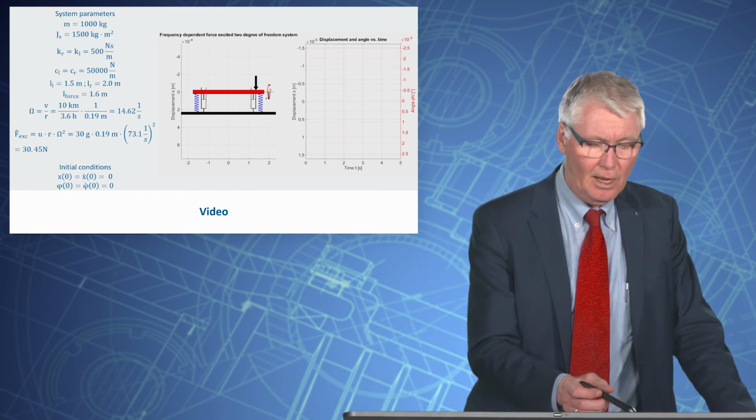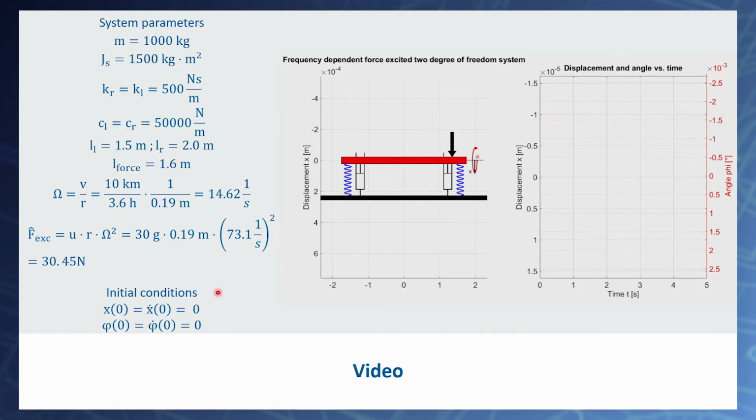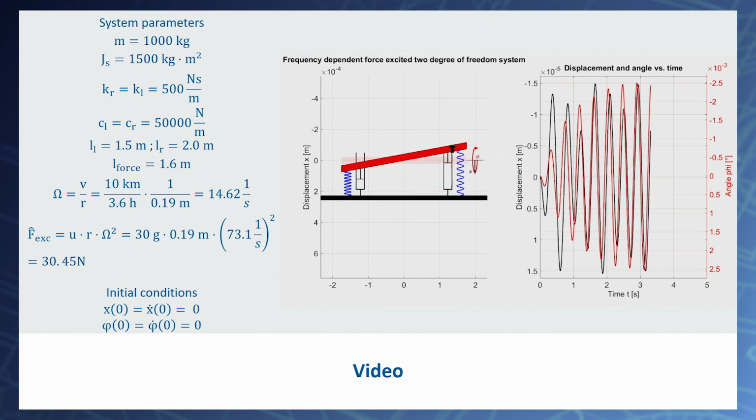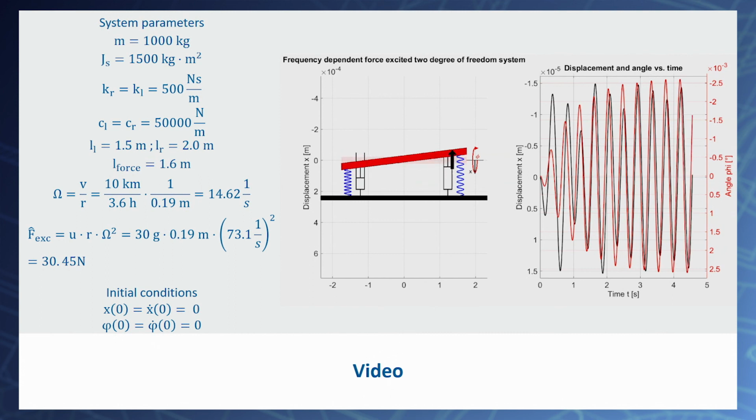If you compare the data that we used here as system parameters and initial conditions, they are very much the same as when we discussed frequency-independent excitation, and the motion is slightly different. But again, we also see that in the end, for times larger than, let's say, 3 seconds, we have a more or less uniform appearance of the time-wise behavior.